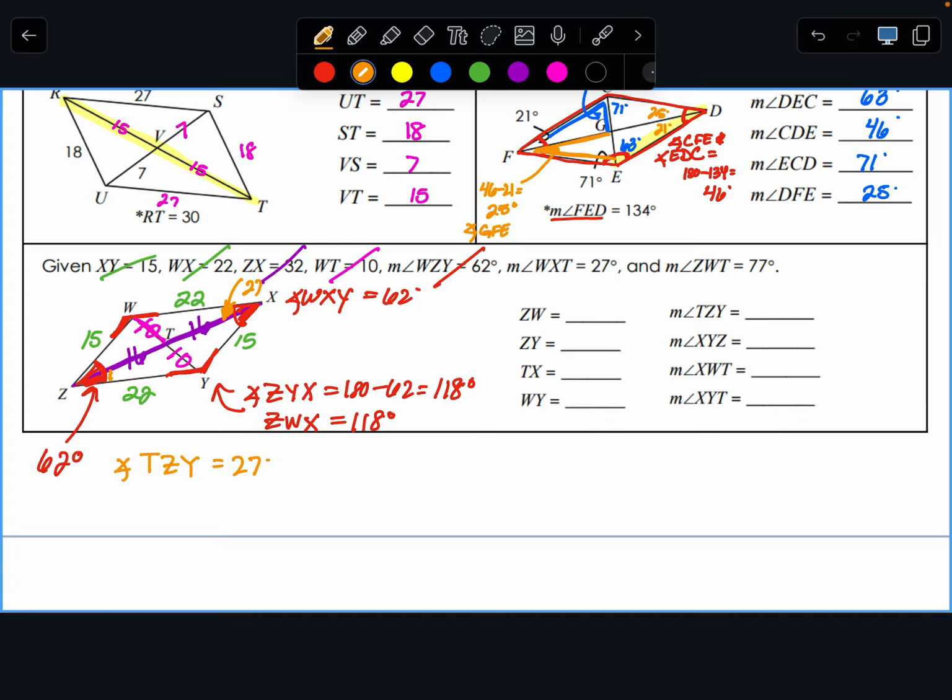So that's this piece. And then ZWT, so this piece, is 77 degrees. So that means this piece, which is TYX, is 77 degrees.